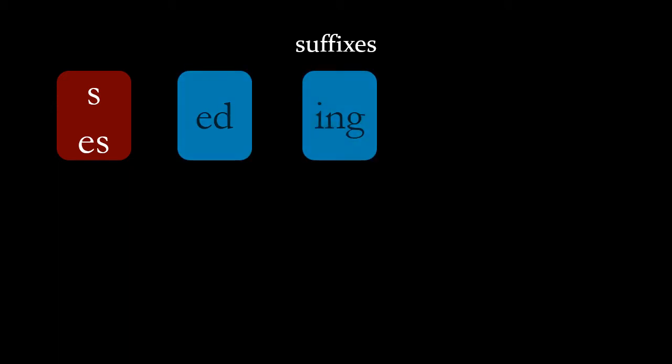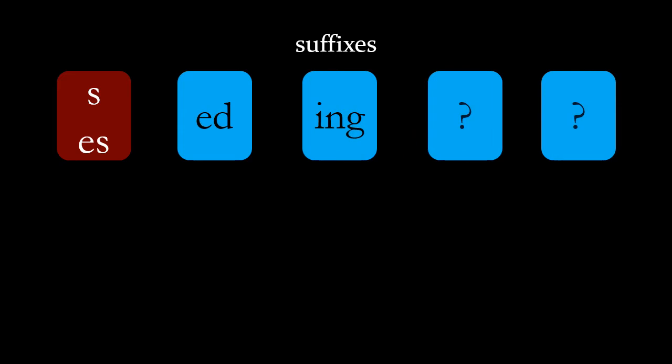We can talk about more than one thing. So instead of talking about a glass, we can talk about glasses. Or instead of talking about a fox, we can talk about foxes. Or instead of talking about a pen, we can talk about pens. And we talked in the last video about when we use s and when we use es.